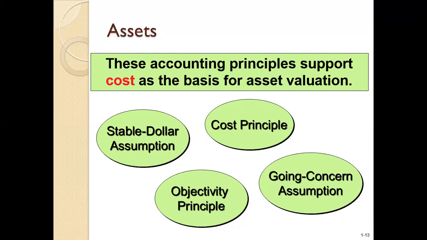So if I bought a machinery for, let's say, 100,000, I'm going to record it at 100,000, regardless that the machinery is now worth 70,000 or that machinery is now worth 150,000. I am just going to record it at the cost at which I have purchased it. This is also called the historical principle, which means you're going to record it at the historical cost.